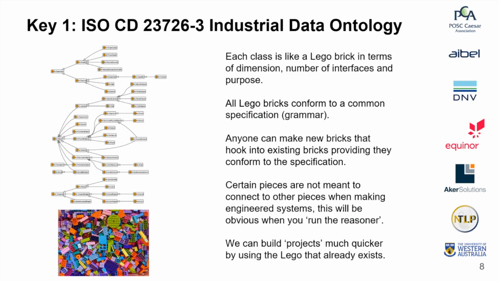And there are 4 keys to this work. The first one is we have a common industrial data ontology. This has been around for years. It used to be, for those of you in the industry, called ISO 15926 Part 14, fondly known as Part 14.